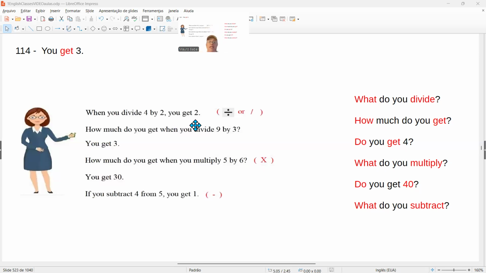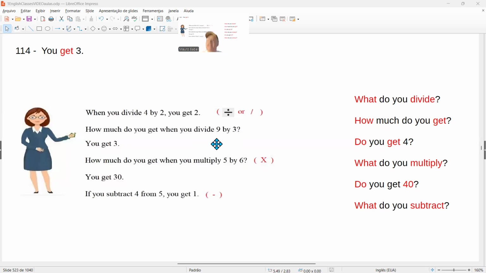How much do you get when you divide 9 by 3? You get 3. That's it. And the opposite, how much do we get when we multiply 3 by 3?